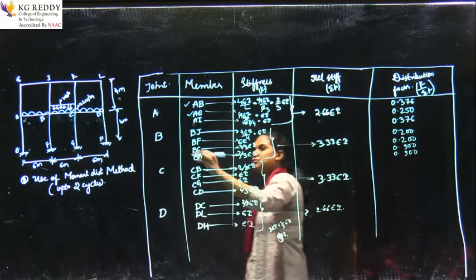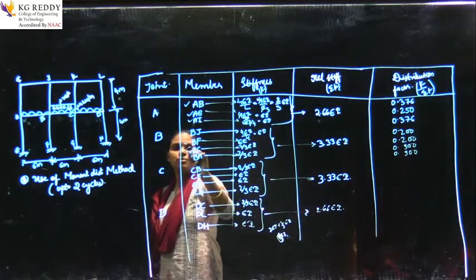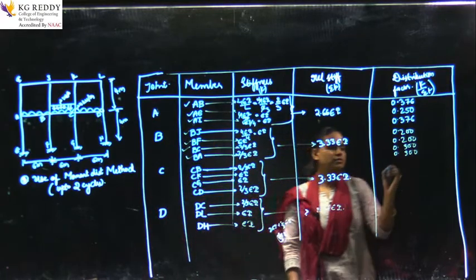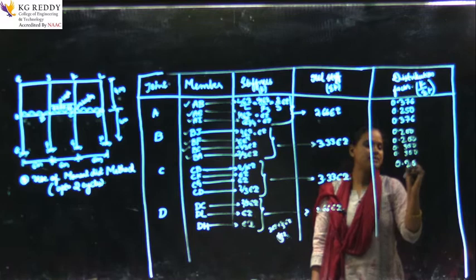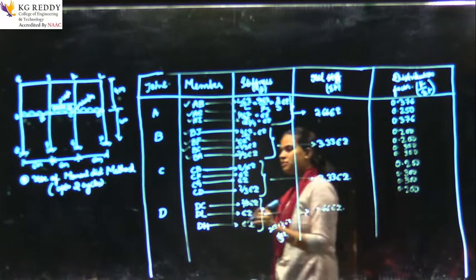So we are done up to A member. So for each and every member you need to do. Next for C member also, you will get the values of distribution factor as, so calculate and get the results for distribution factors of different joints.